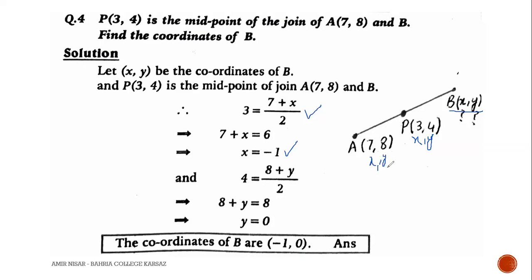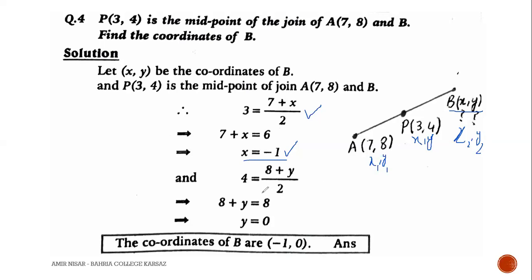In order to get the value of x, we put the 2 from right hand side towards the left hand side. It gets multiplied by 3. 7 plus x equals 6. Now the 7 goes towards the right hand side, and 6 minus 7 equals minus 1. We get the value of x equals minus 1.